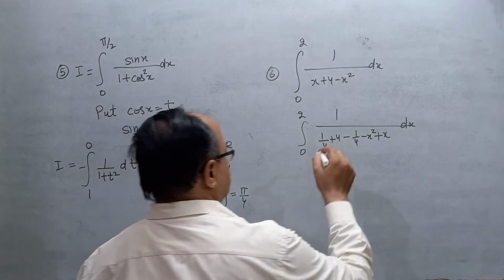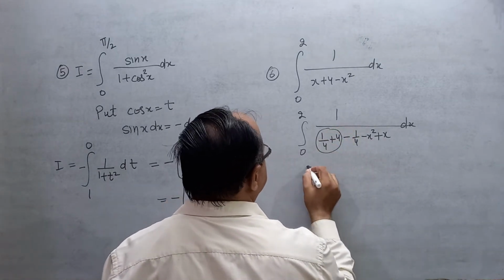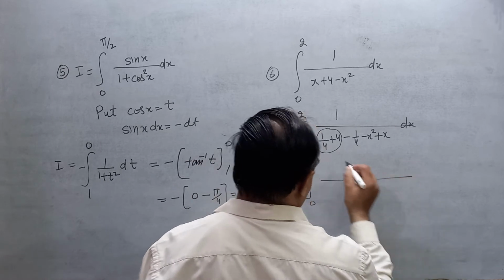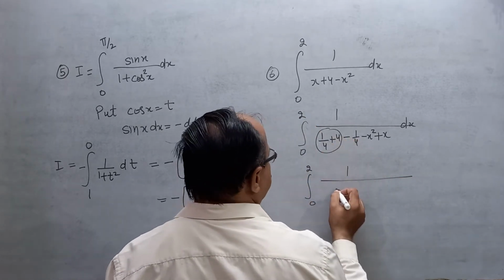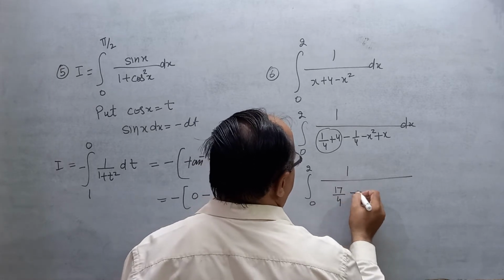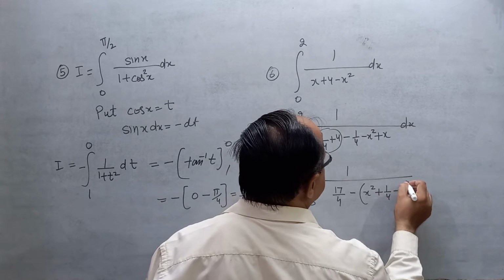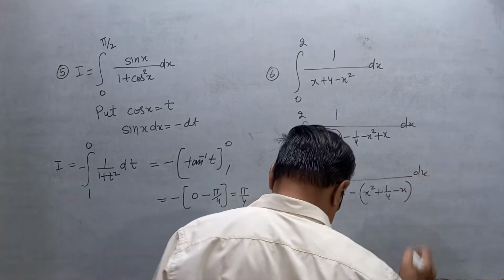Here, you know that this is 1 upon 4 for the 16 plus 1, 17, so this is 17 by 4 minus x square plus 1 by 4 minus x dx.